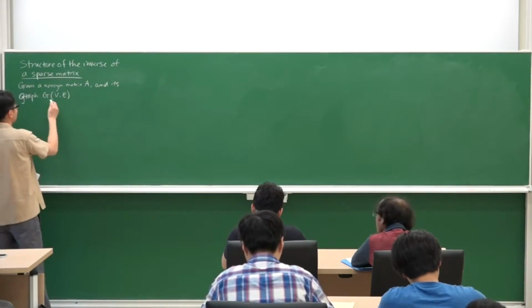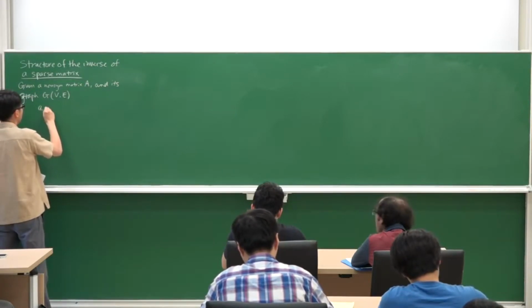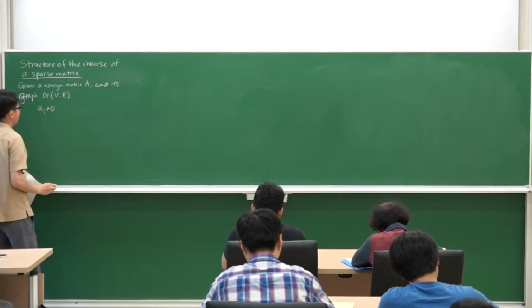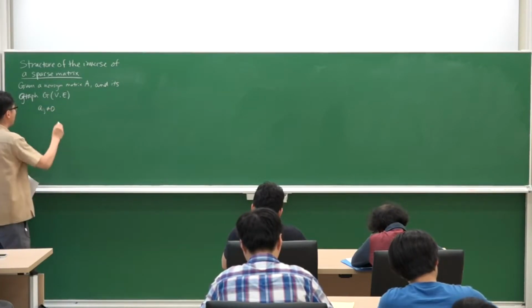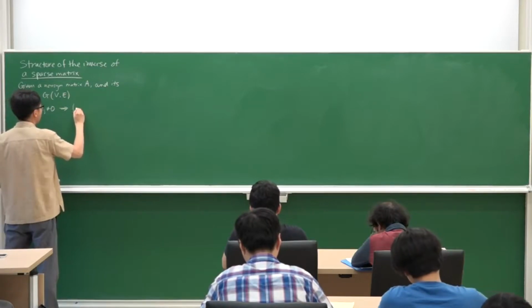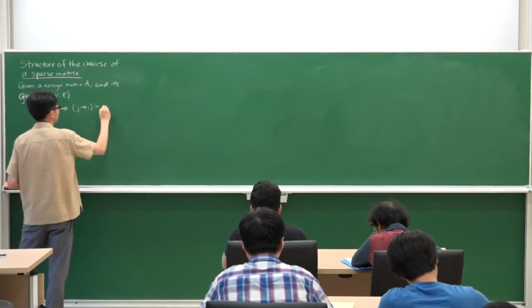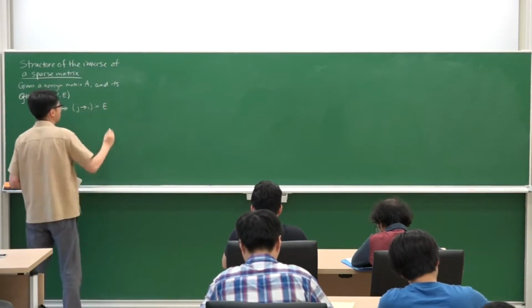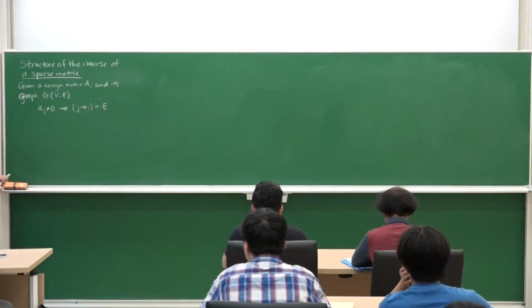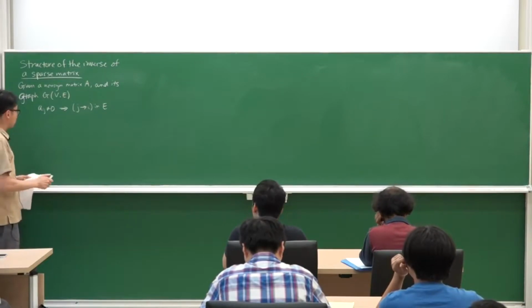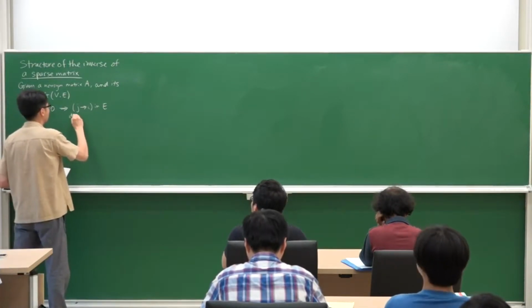And when Aij is not equal to 0, then we have an edge from J to I in the set of edges E. Okay? So this is a directed edge.